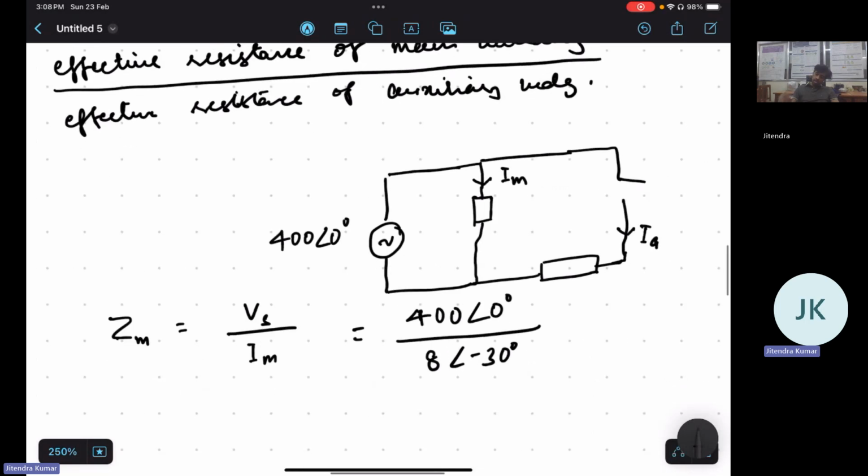So what will be the value of ZM here? ZM will be 50 angle 30 degree.